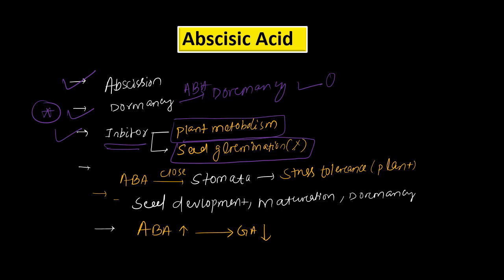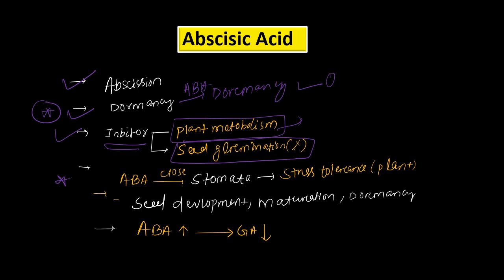We already know what plant metabolism is. Different cellular processes are controlled by abscisic acid, and if we add abscisic acid, it blocks seed germination. Abscisic acid closes stomata.